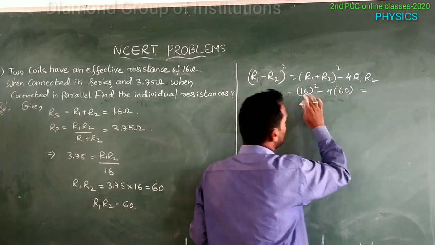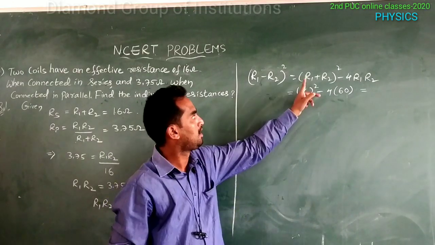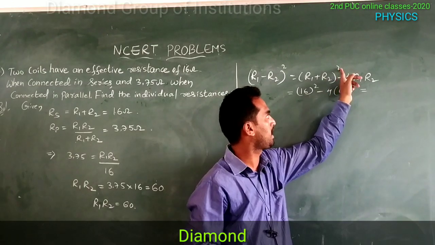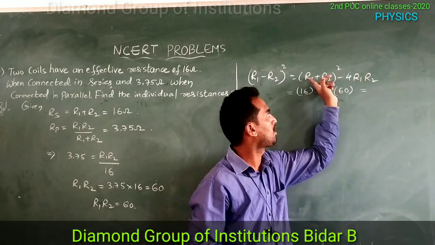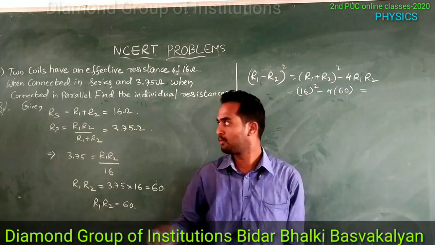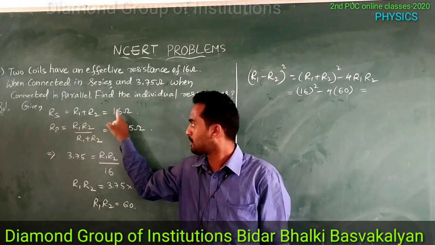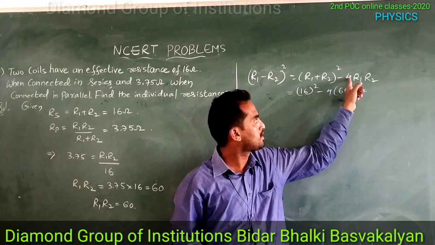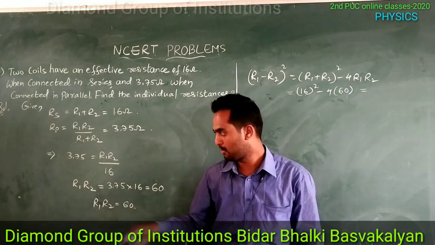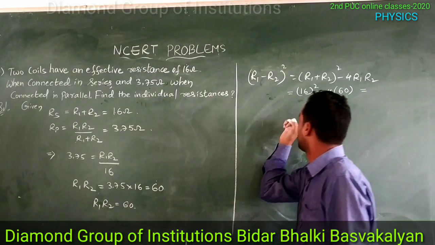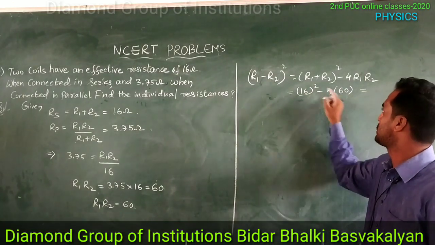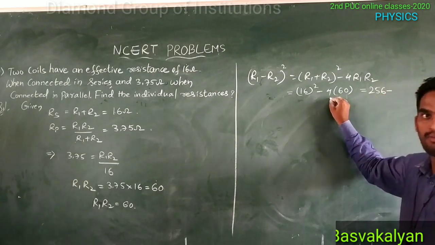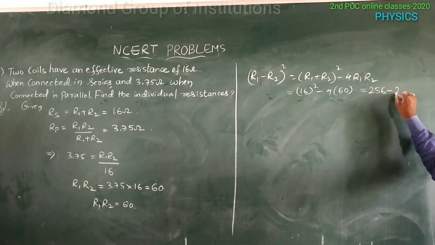So 16 square. See once again, A minus B whole square equal to A plus B whole square minus 4AB. What is A plus B? That is R1 plus R2 value, which is 16. 16 square minus 4 as it is, R1 into R2, and R1 into R2 value is 60. Right? So 16 square becomes 256 minus 4 into 60, 240.